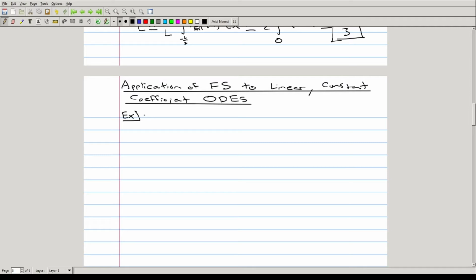The first example will be a forced mass spring system. And so we'll consider some fixed point, a wall, with a linear spring attached to a mass m.